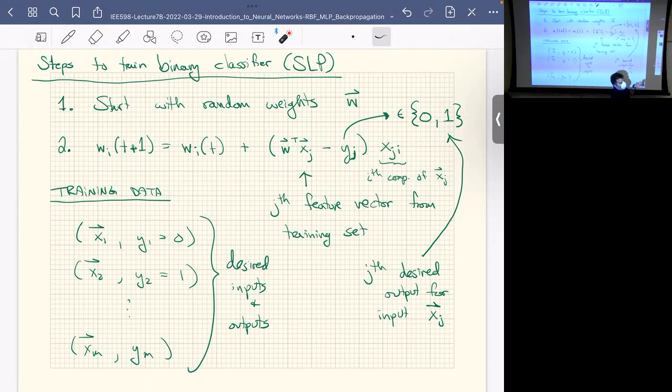We could imagine data, which I'll show in a little bit when we talk about radial basis functions, that looks more donut shaped, where there's a class out in the middle of space and everything around it is the other class, where I can't use a plane to separate those things. This won't work for it. But if there exists a plane that separates your data, then a simple algorithm like this will find that plane, and that plane will be characterized by the weight vector.